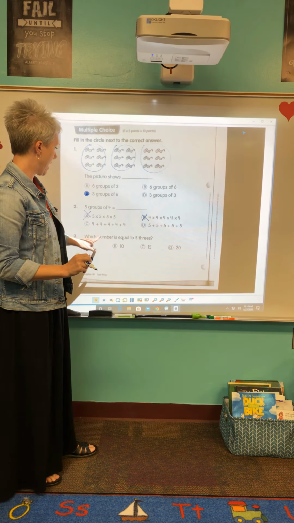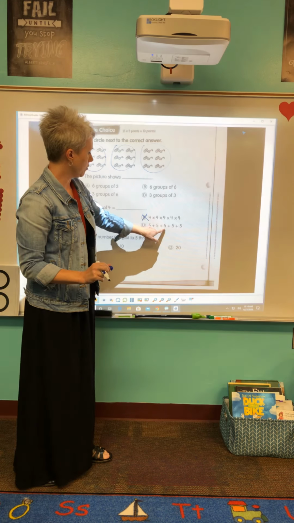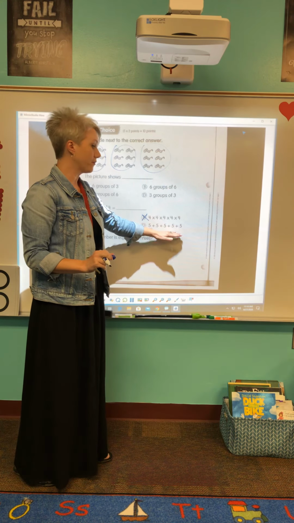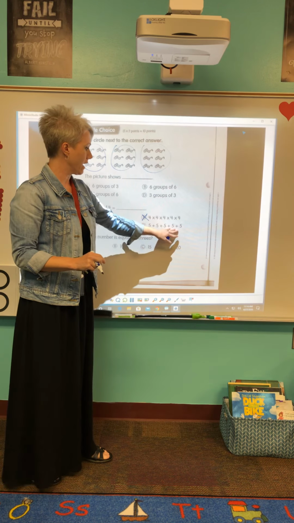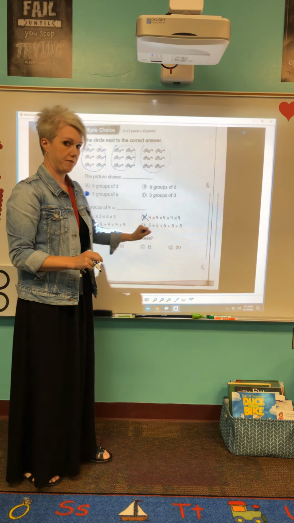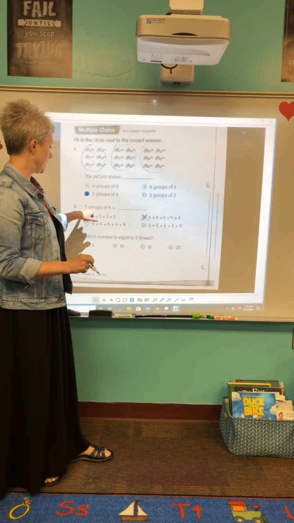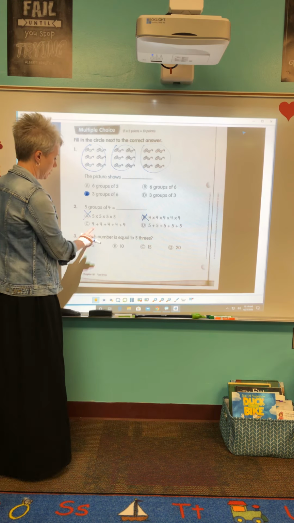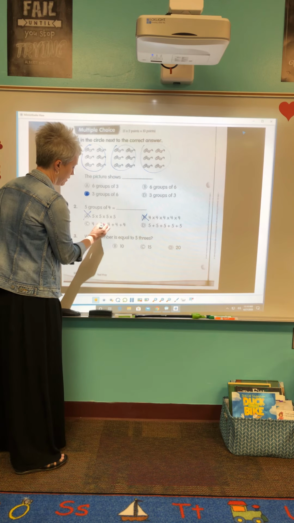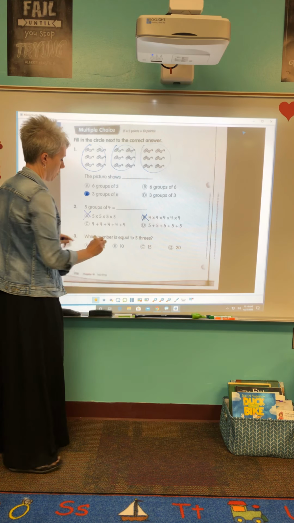So here I have 1, 2, 3, 4, I have 5 5s. So if I were to put those into groups, I would have 5 groups of 5. And that's not what it's asking. It says that I need to find 5 groups of 4. So here is a 4, there's a 4, there's a 4, there's a 4, there's a 4.